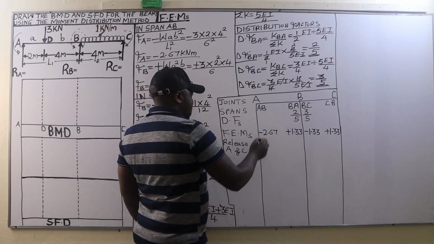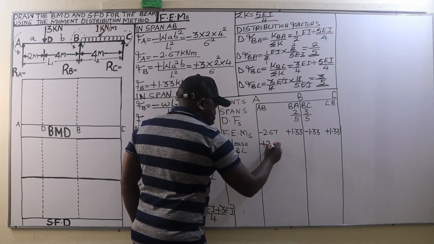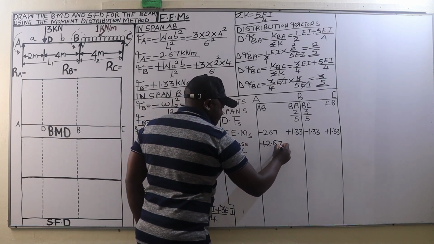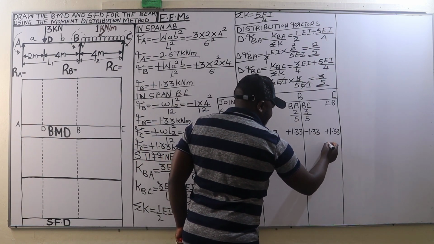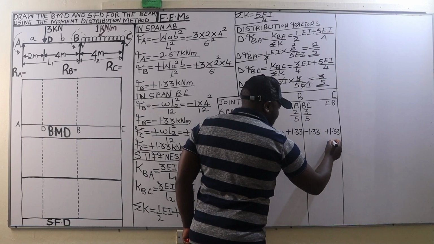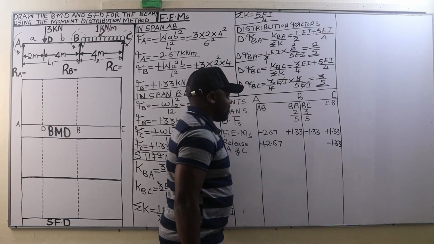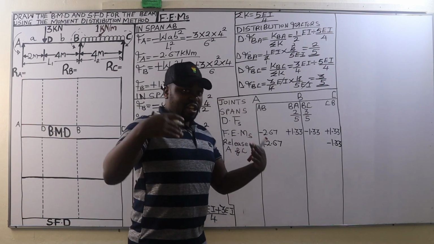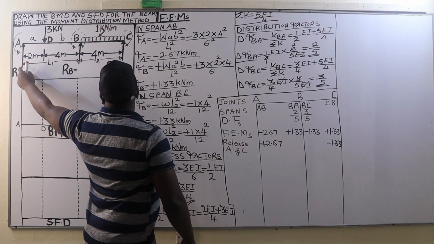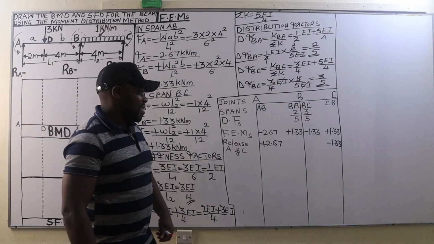So on the joint A, we are going to release by positive 2.67, and on the joint C, we are going to release by a moment of negative 1.33 kilonewton meters. So you just change the sign. That is what we usually do when both end joints are simply supported.